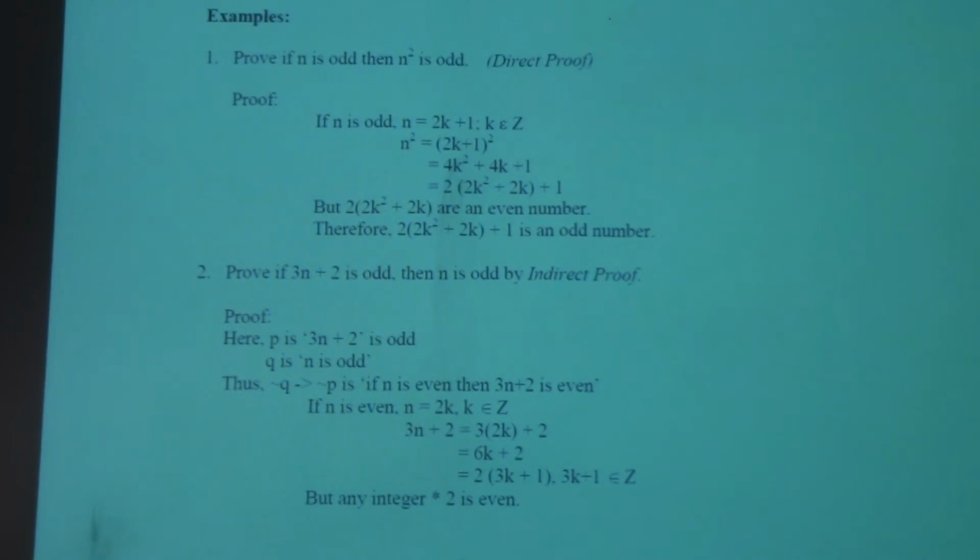Let's see. If n is odd, so for example, 1 is odd, 1 squared is 1. That's odd. 3 is odd, 3 squared is 9. That's odd. 5, 25, 7, 49. Okay, prove it, right? No, that's not a proof. What do we call what I just did?